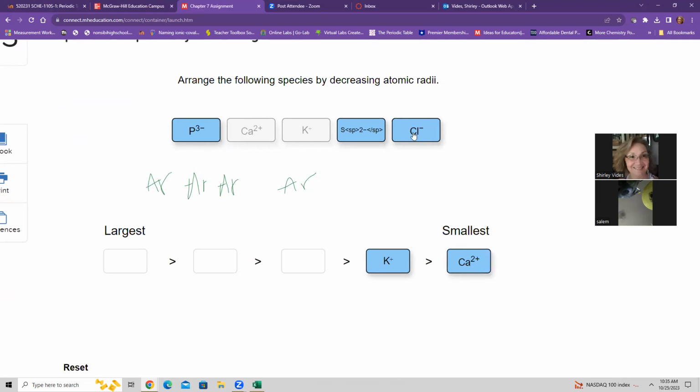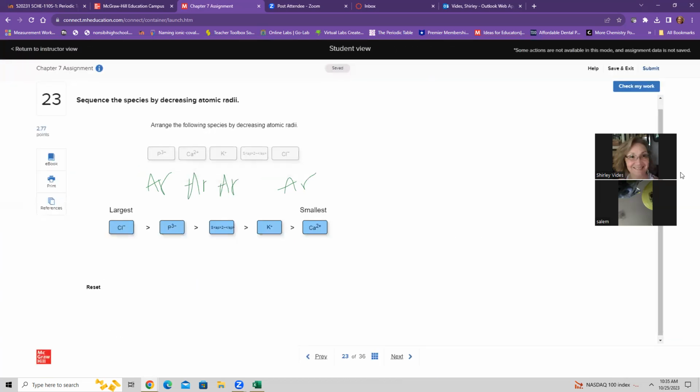So I'm guessing this is how it's going to be. I'm guessing, don't ask me, I don't know. And then I'm putting this one in the middle. I'm really just guessing with this one because chlorine is in the middle. This one? That's the only one I'm getting right.